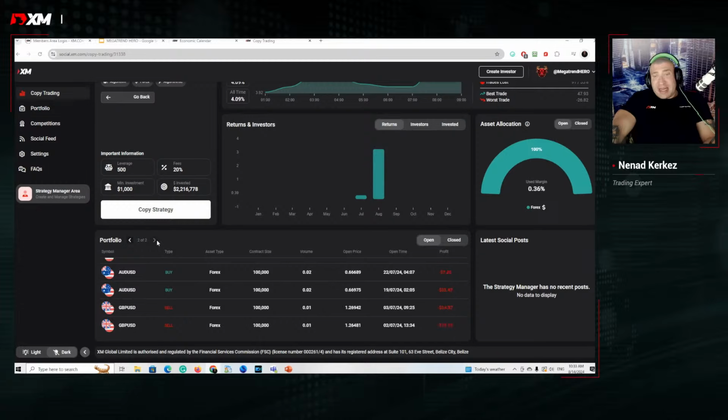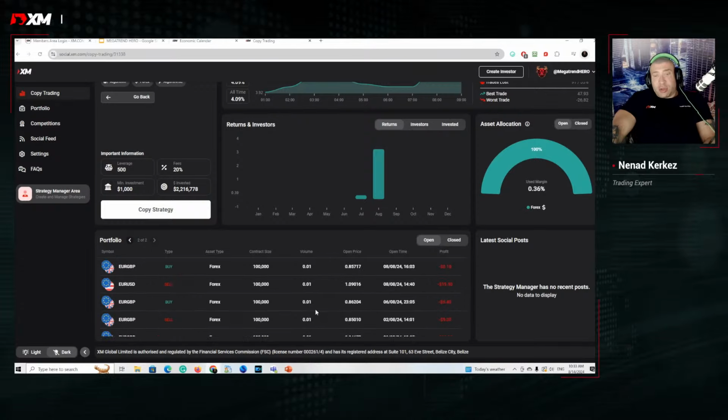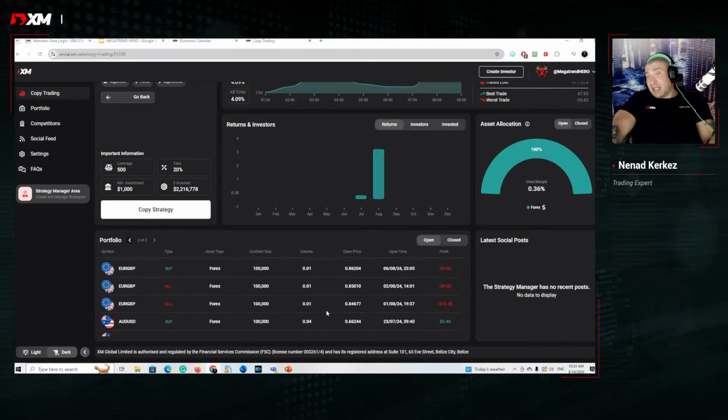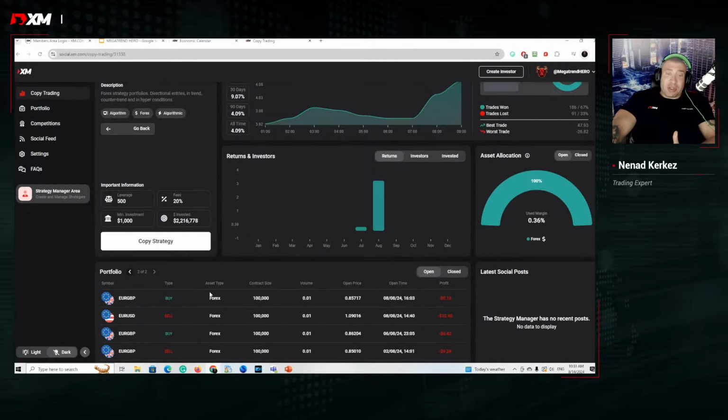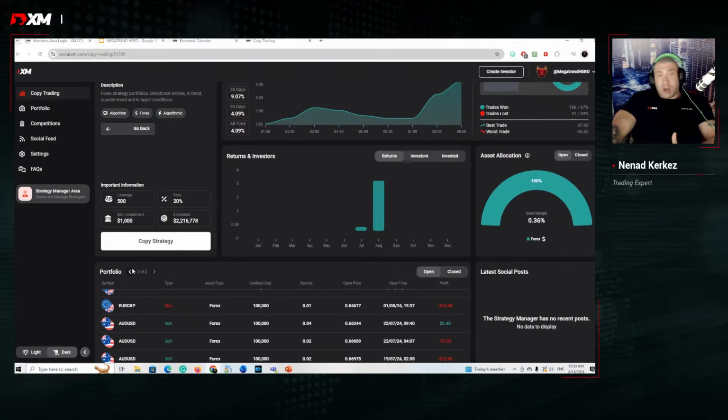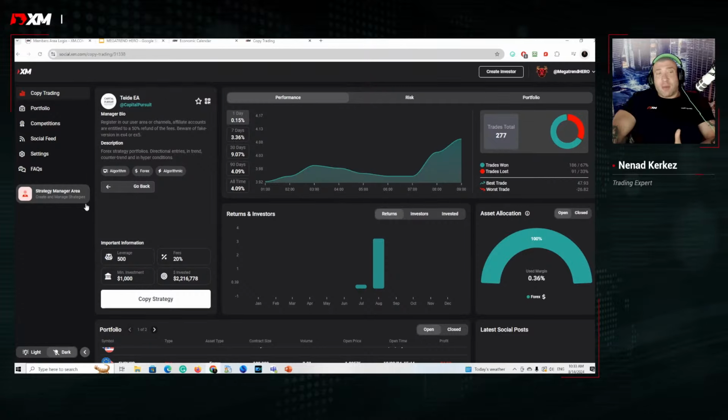Look, it's not many trades, but it uses small lot sizes, guys: 0.02, 0.01, yes, 0.04, which indicates martingale approach. What it trades, usually those crosses that I personally don't trade, like Euro, GBP, Australian dollar, those are slow markets. But the strategy itself obviously is a low risk strategy.